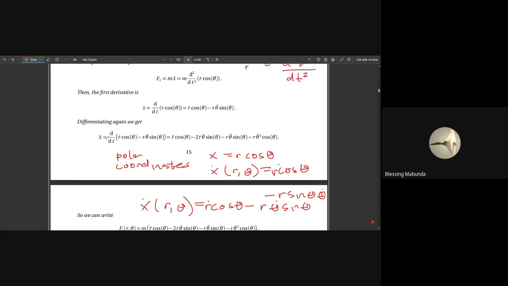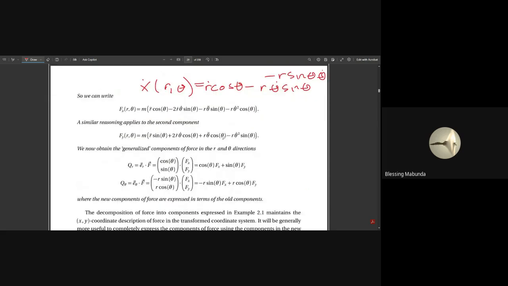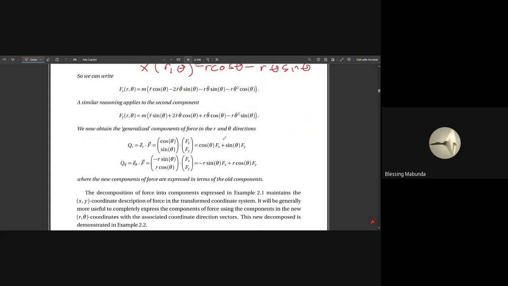And then for x double dot, you do this one first, meaning that it's now going to be r double dot. So what we're using are the product plus chain rules. And from there, you can write Fy as a function of r and theta as m times the acceleration term, ay.